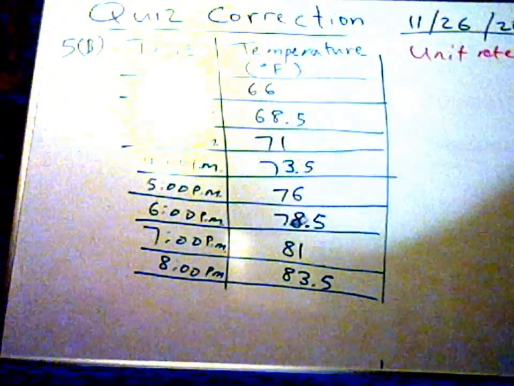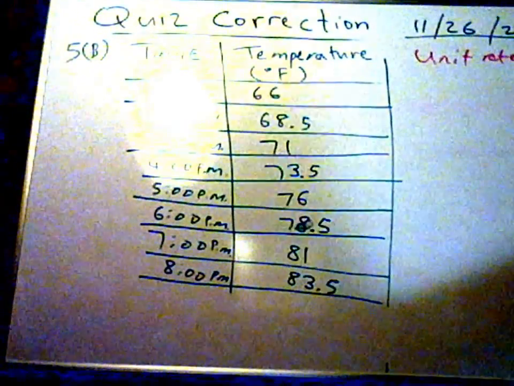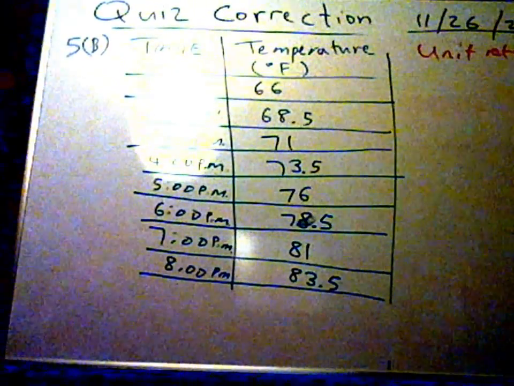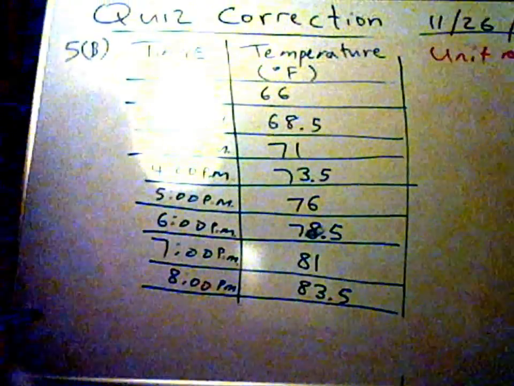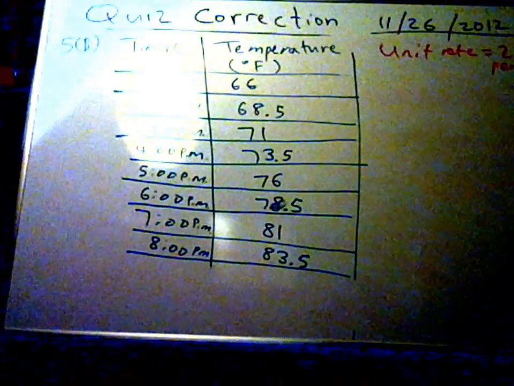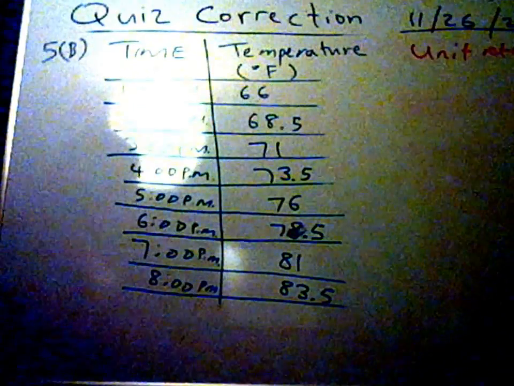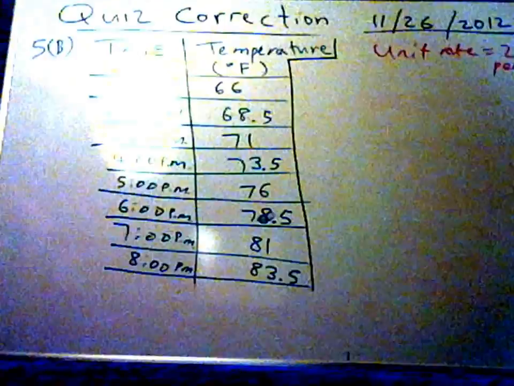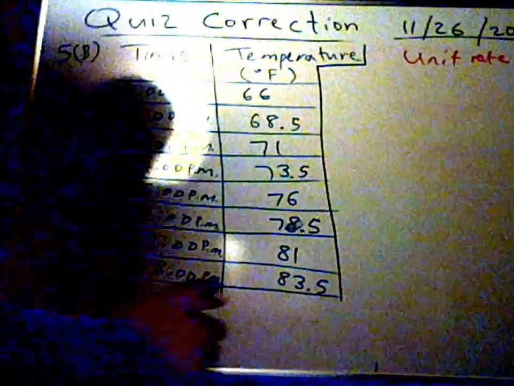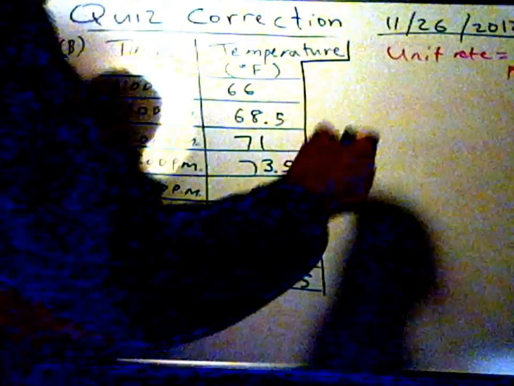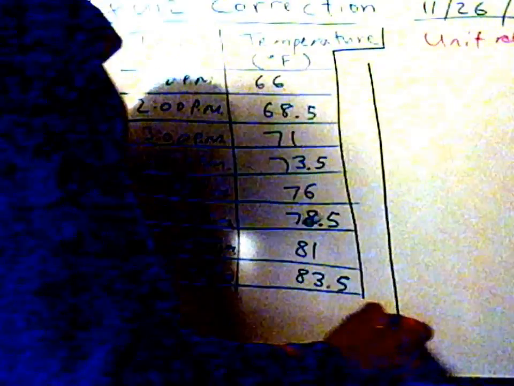Okay, now they want us to create a graph and explain whether or not the relationship would be proportional, alright? So we're going to create a graph. We're going to use a little bit of space on the right side to create a graph. If I'm going to create a graph, I need to have an even scale.